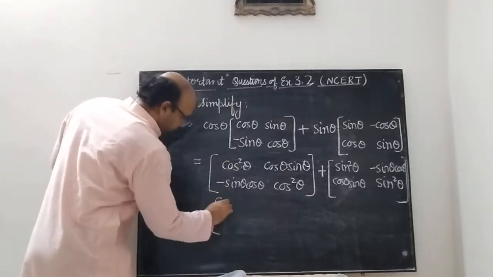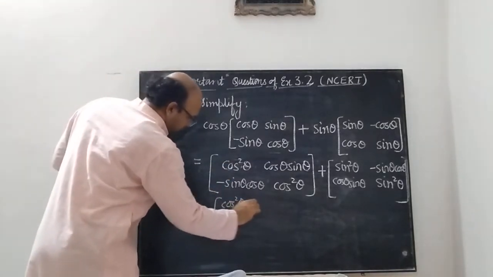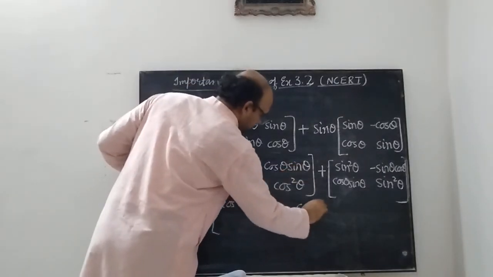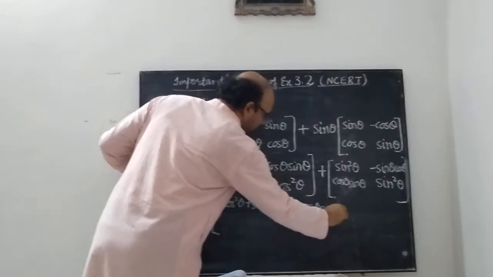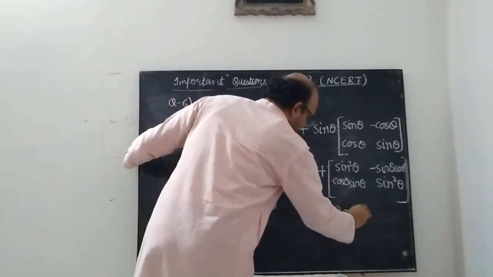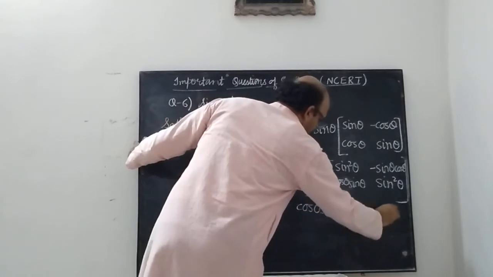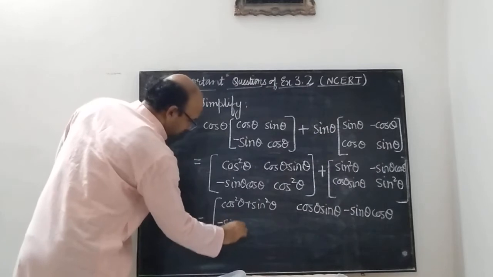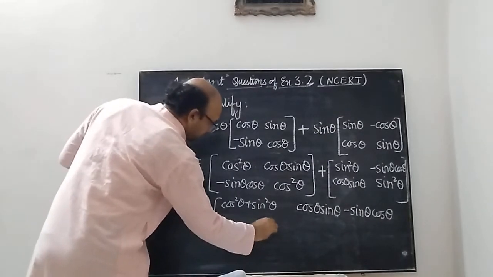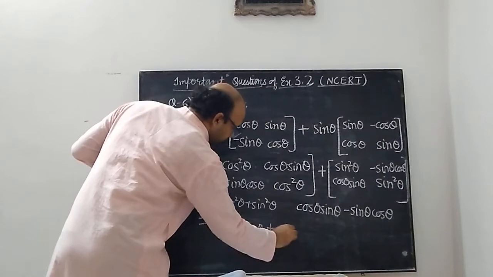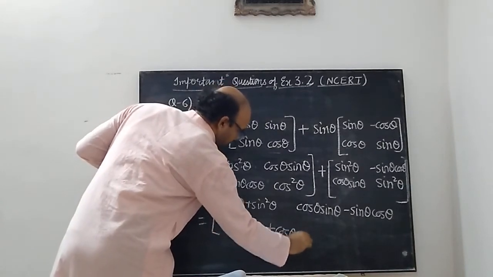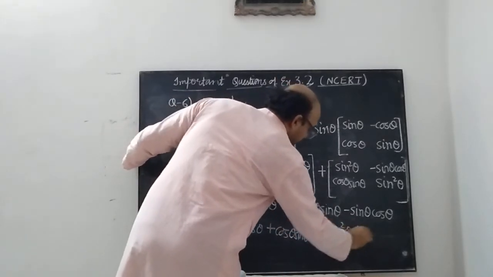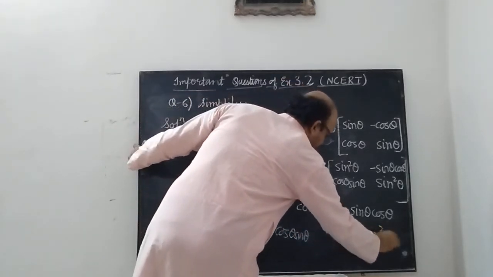So this will give you cos square theta plus sin square theta, cos theta sin theta minus sin theta cos theta, again minus sin theta cos theta plus cos theta sin theta, and then cos square theta plus sin square theta.